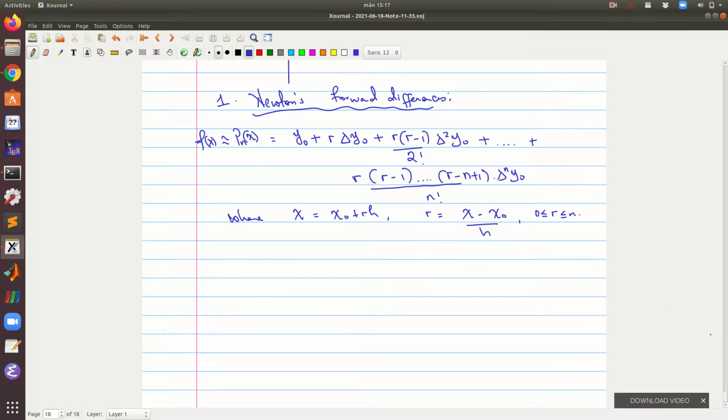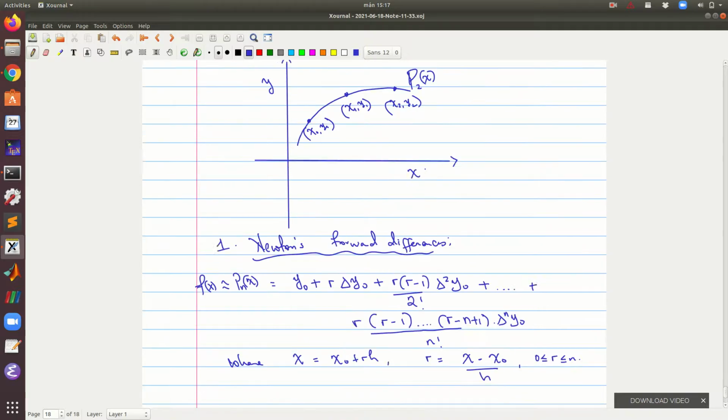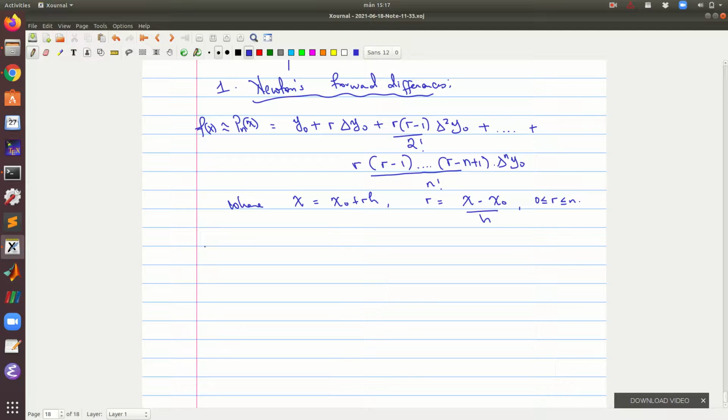So now that we are interested in using quadratic interpolation, i.e. a polynomial of degree 2, we are simply going to set n equal to 2.